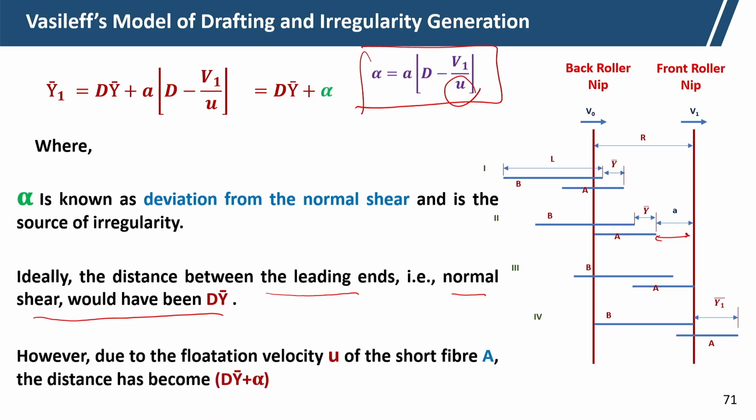However, due to the floating velocity u of the short fiber and also due to the floating distance, it has to be d y bar plus alpha. So, the more the floating distance, that means if we have shorter fiber length, the higher the short fiber, the higher will be the deviation. Okay, so that is there, and the floating velocity.